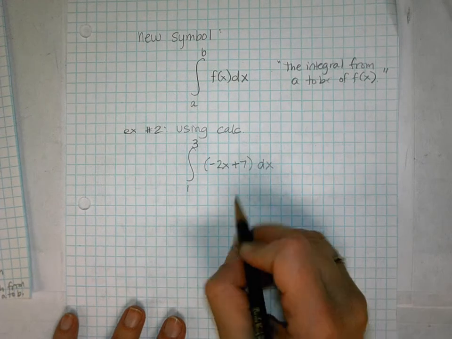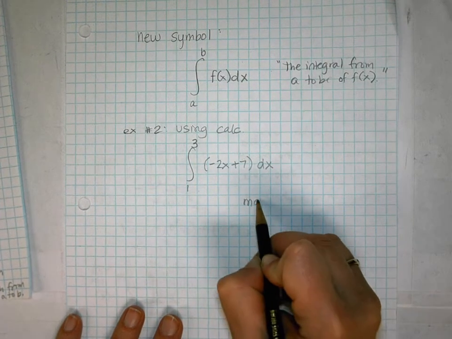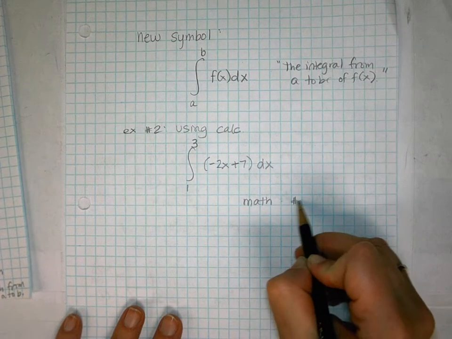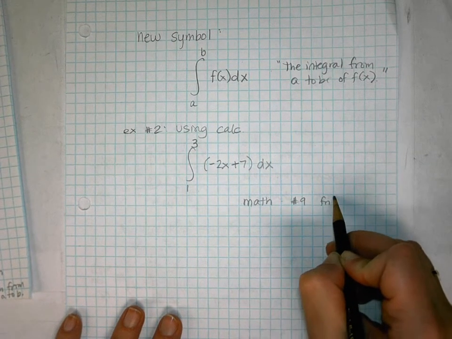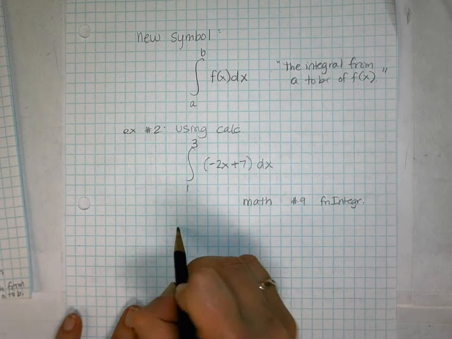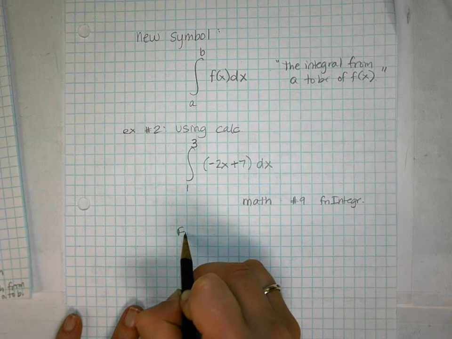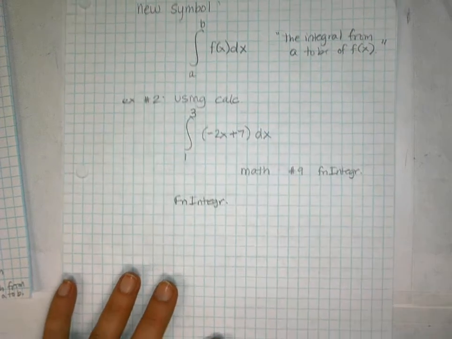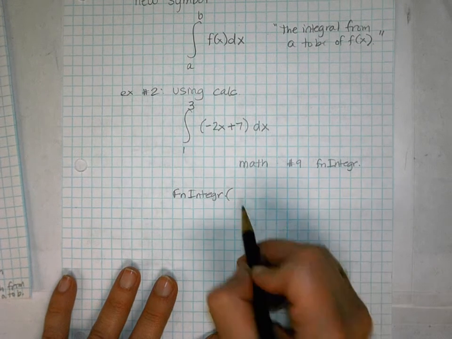I'll write it down and then I'll show you. Go to math. Under the math button, hit number 9. Number 9 looks like fnInt or something like that. Hit that button. Then it's going to have parentheses. Then type in your function.